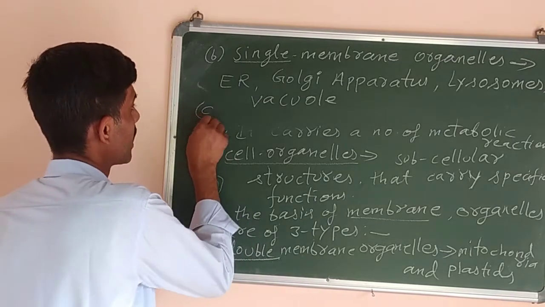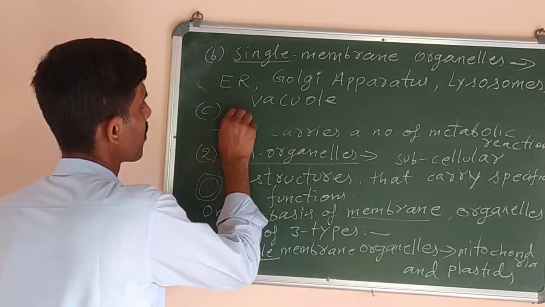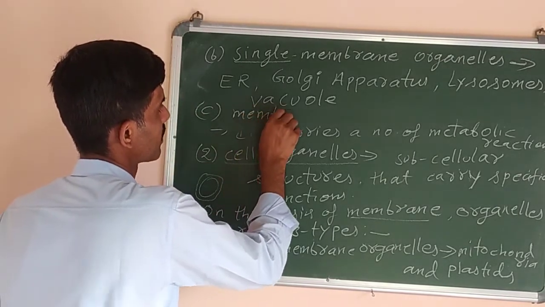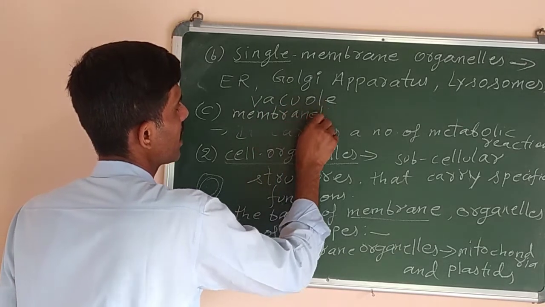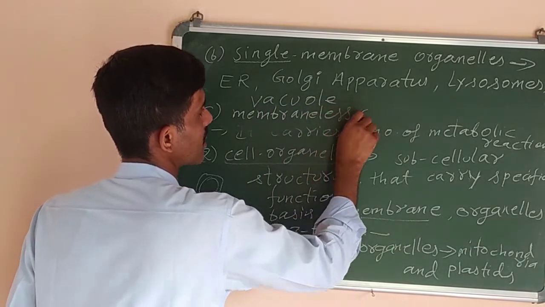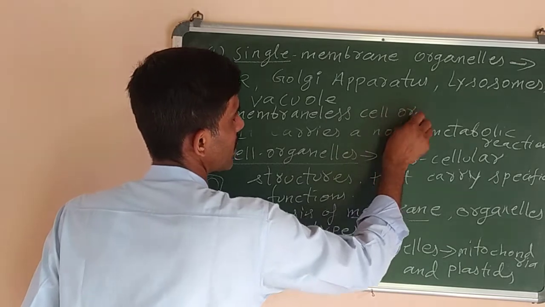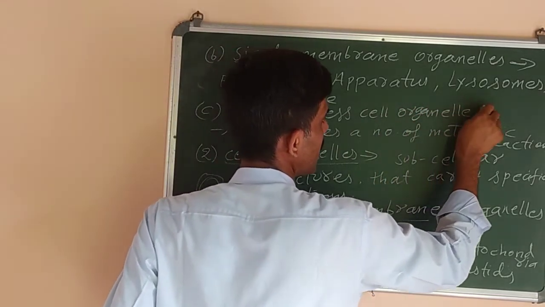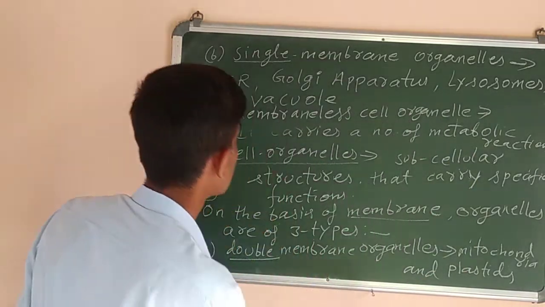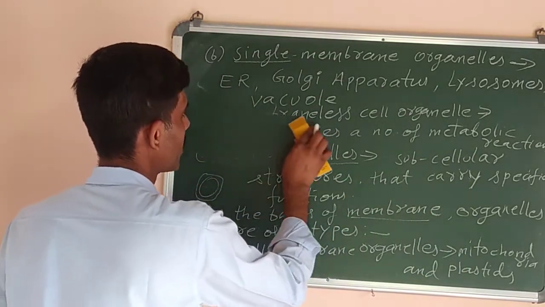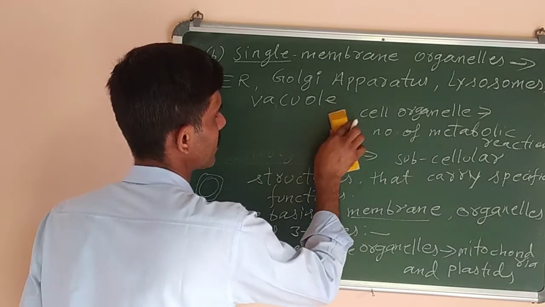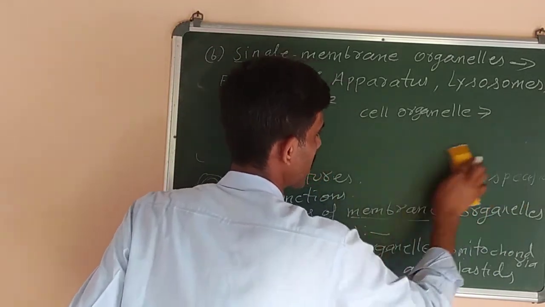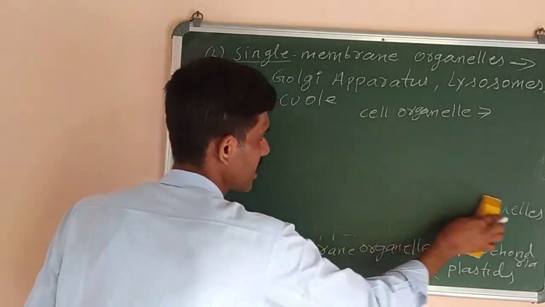Then the next one is membraneless organelles. Membraneless cell organelles means those cell organelles that do not have any membrane or covering around them. Okay, what are they? Let's see.